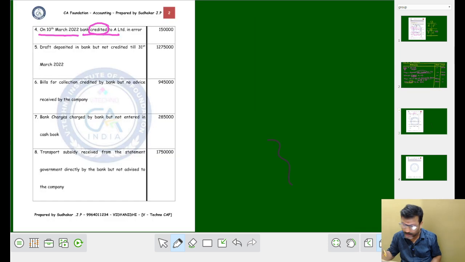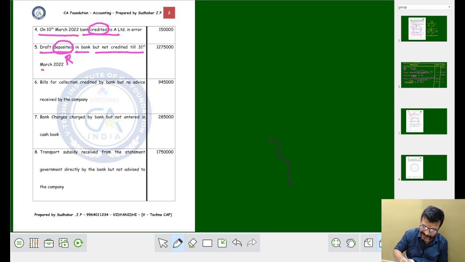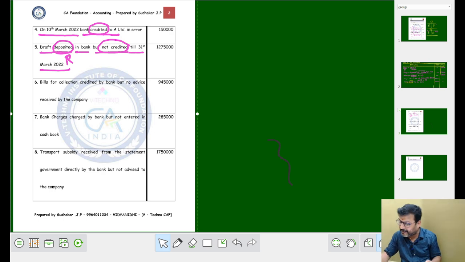See the next concept. Draft deposited. What have they done? Deposited. Deposited means what? Receipt. In the bank, but not credited till 31st March. See the clear wording, not credited. This is not credited. So where do we have to take it? We have to take it in the credit side only.